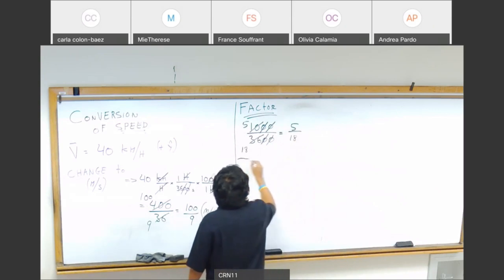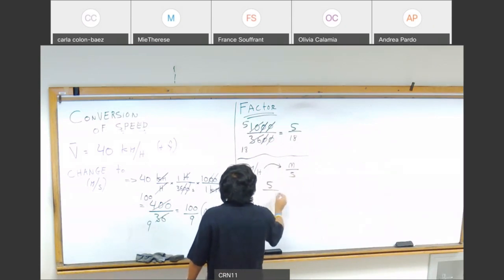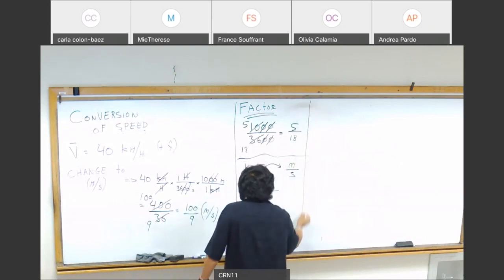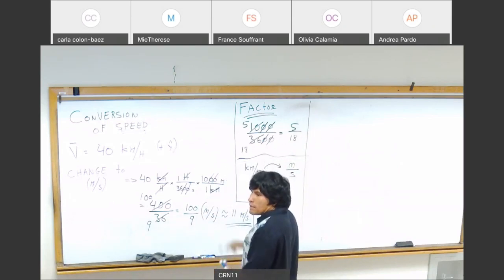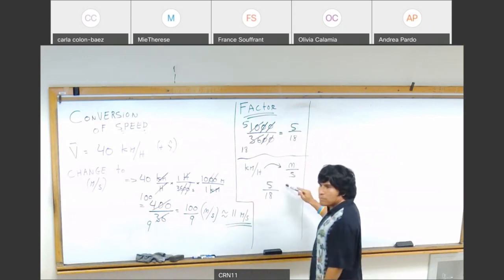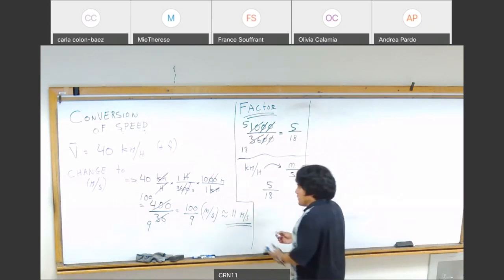So the multiplier to go from kilometers per hour to meters per second is 5 over 18. All right? That's the multiplier there. So you can use it for any rate.